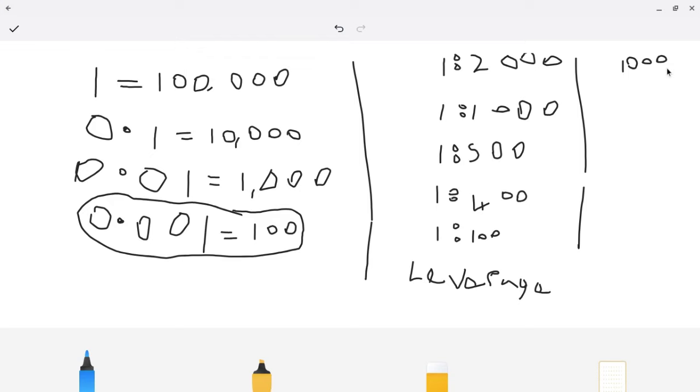Without using leverage at all, with this $1,000, I can only trade with this lot size 0.001. Because for 0.001, I have to have $100 before I can trade, and I have $1,000. So if I should lose 10 times, my $1,000 is gone.